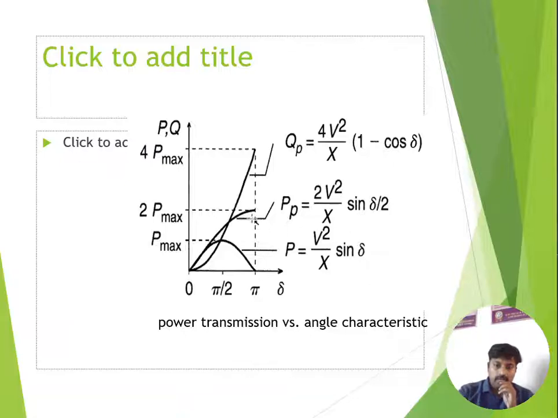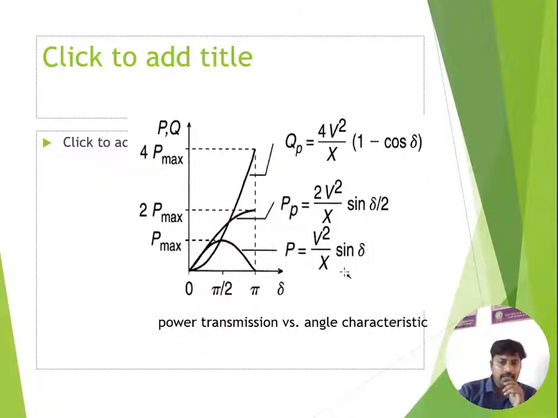From this figure we clearly understood that the active power capability is doubled after the midpoint compensation. So you can say this is V square by X, this is 2V square by X. From this graph you identify that after midpoint compensation, the active power transfer capability is doubled.